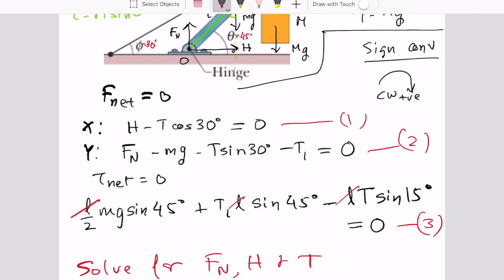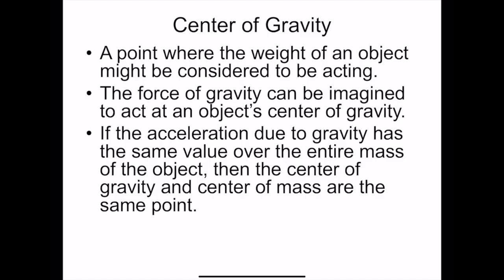Okay. I'm going to briefly talk about center of gravity. So the center of gravity of an object is the point where the weight, which is the gravitational force on the object from the Earth, might be considered to be acting. In reality, the weight of an object acts individually on every atom and molecule, every particle that the object is made up of.